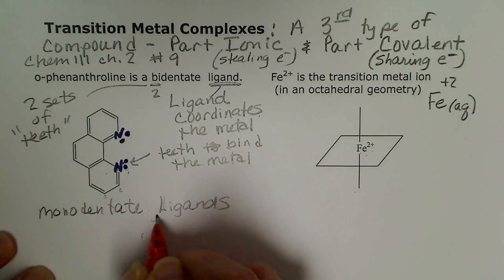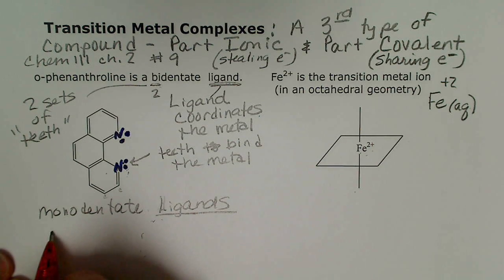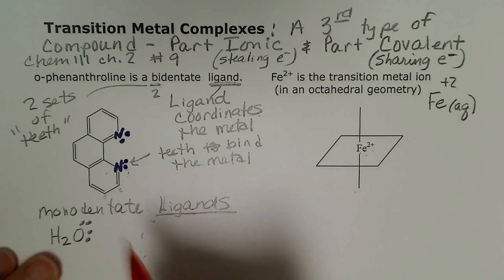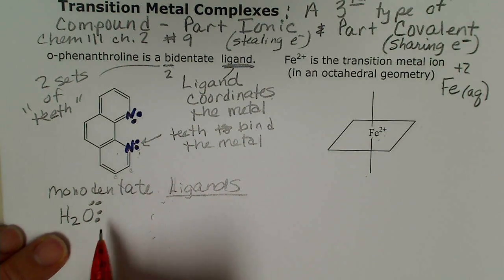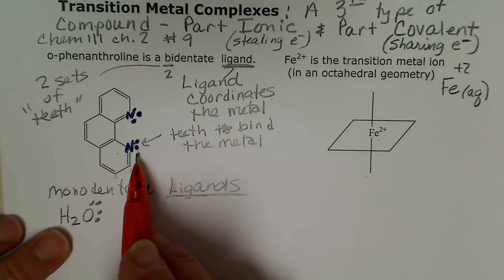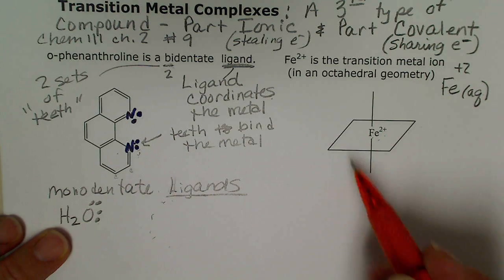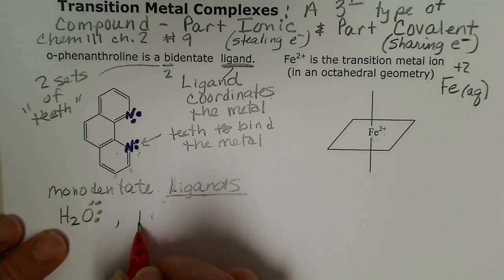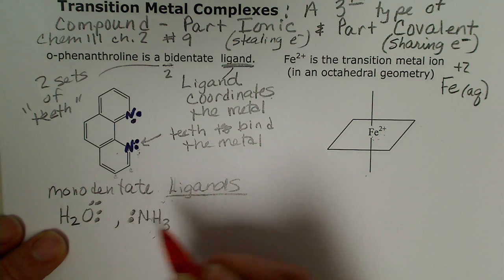So some common monodentate ligands would be water. Remember, water has 2 lone pairs of electrons around it. So the lone pairs on the oxygen will be just like lone pairs on nitrogen and be attracted to that metal cation. Ammonia, NH3, that's our weak base that we spent a great deal of time discussing.